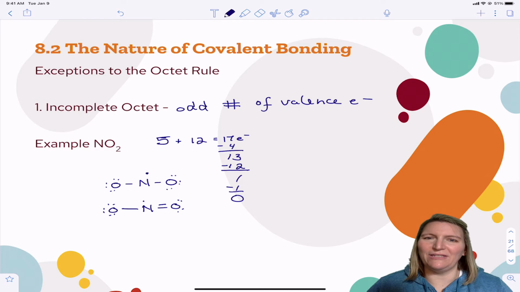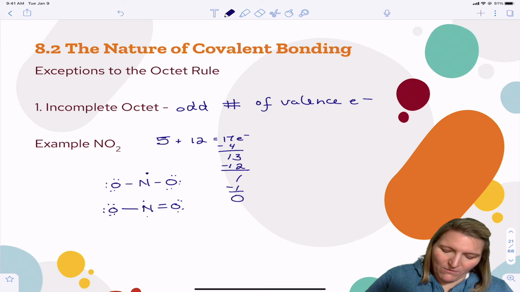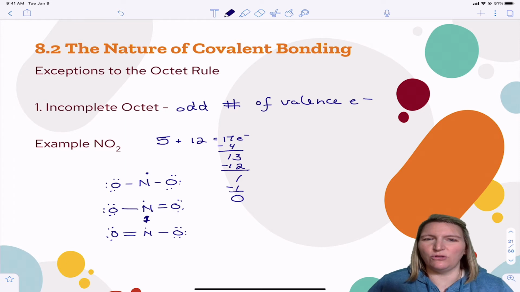The other thing we need to notice is that this is another example of resonance, what we just looked at in the previous video. I happened to make the double bond with the oxygen on the right, but there's nothing that says I couldn't have made the double bond with the oxygen on the left. So both of those 2 structures are possible.